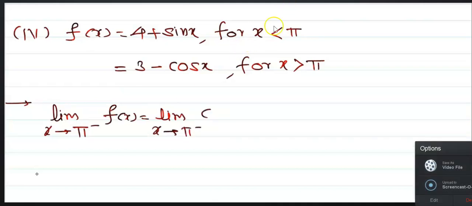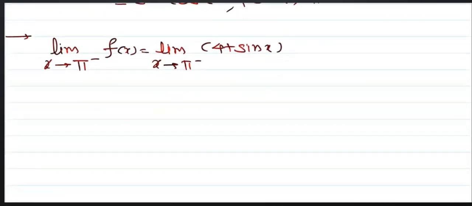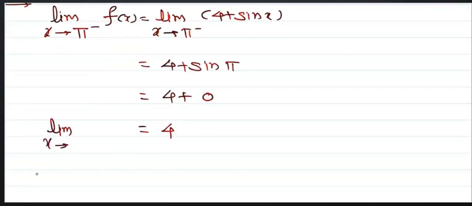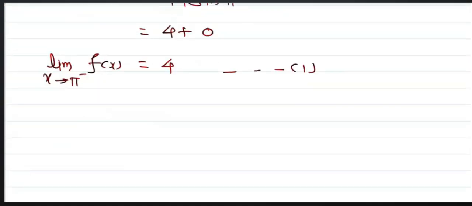Now here x is less than pi, therefore here we will take the left hand side limit. Limit x tends to pi, 4 plus sin x, and the sine of pi is 0, therefore the left hand side limit is 4.